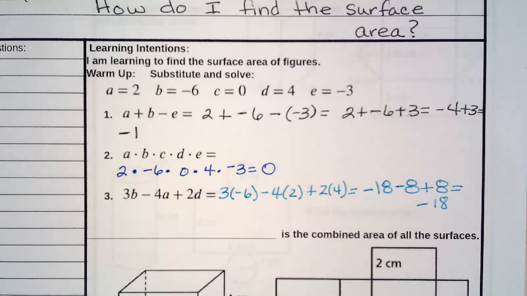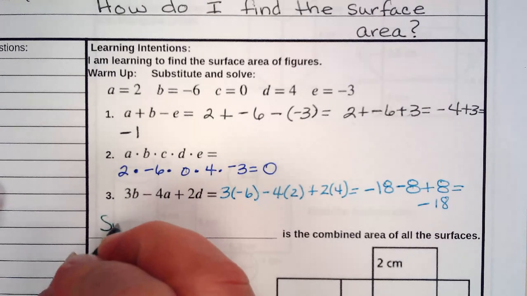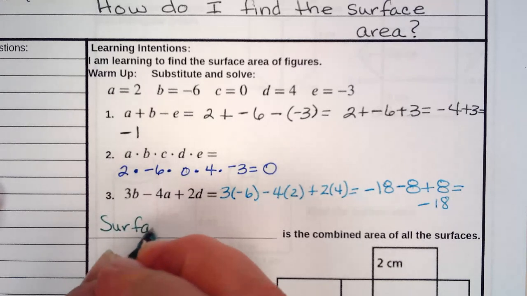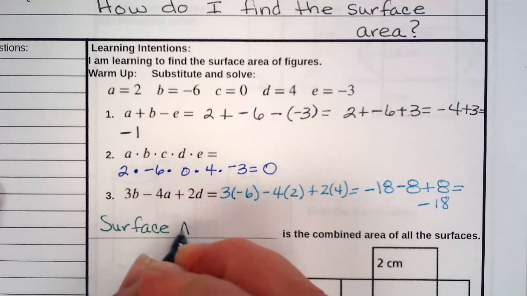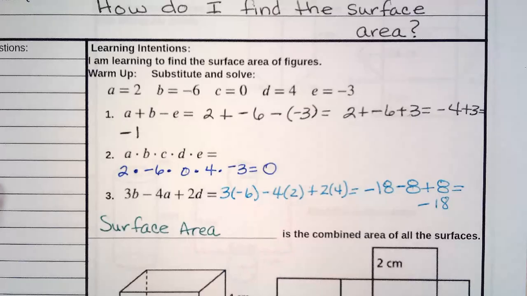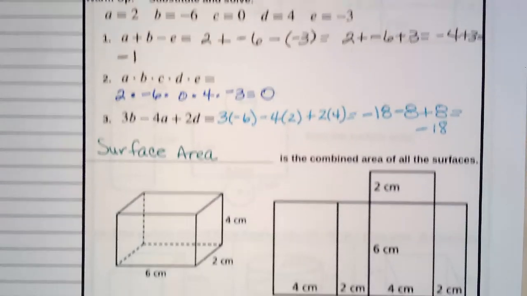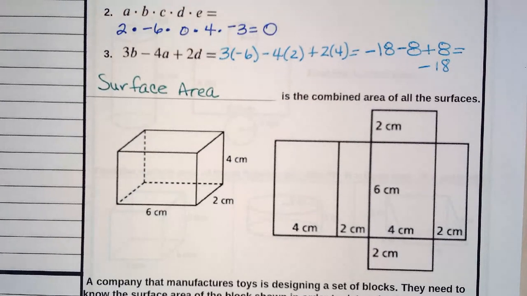Our definition today. What do you think is the combined area of all the surfaces? What do you think it's called? If you said surface area, you are correct. So let's look at this cube. It's 6 by 2 by 4.